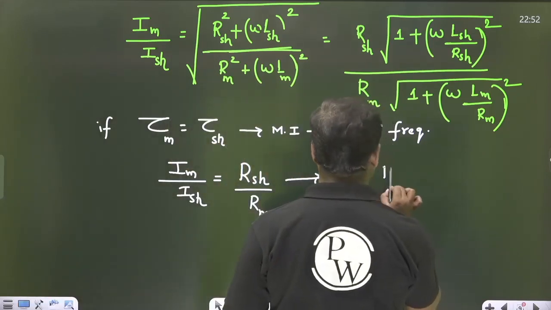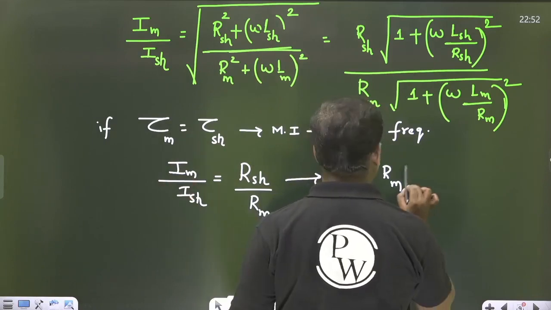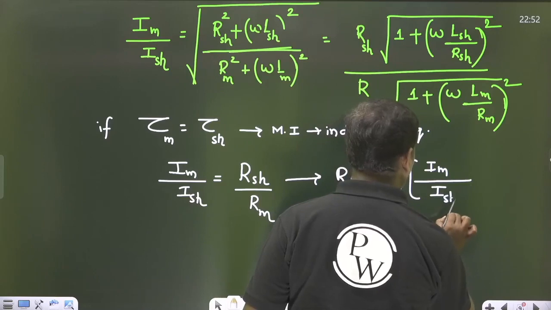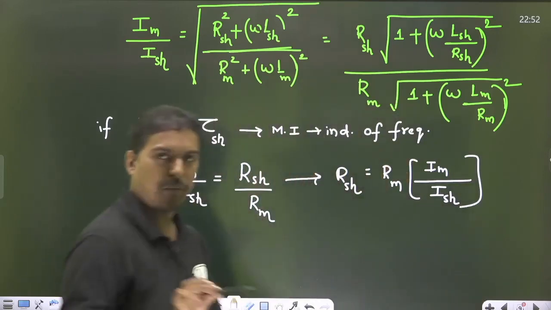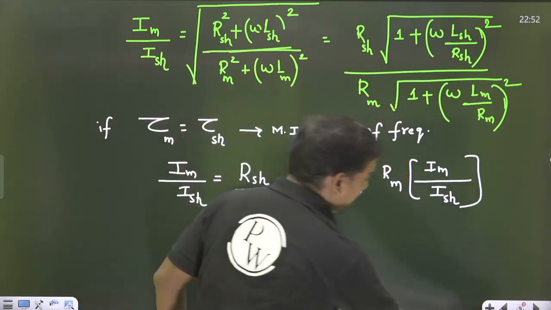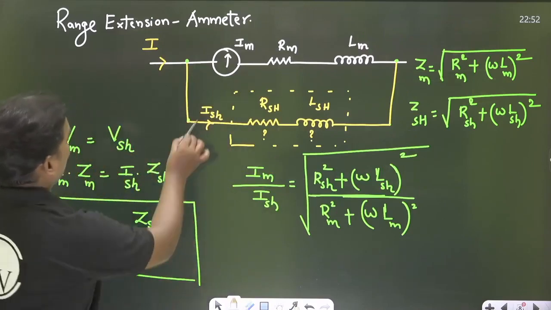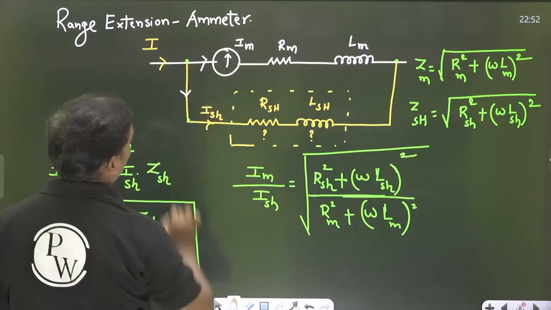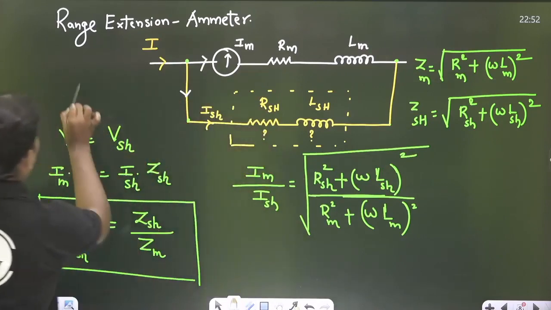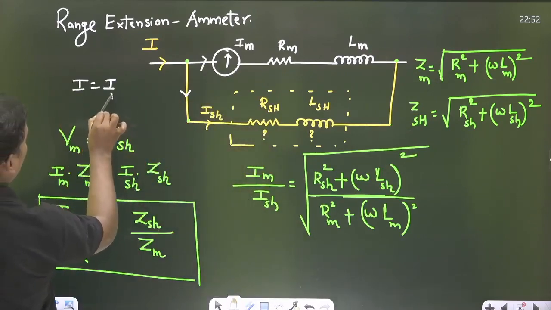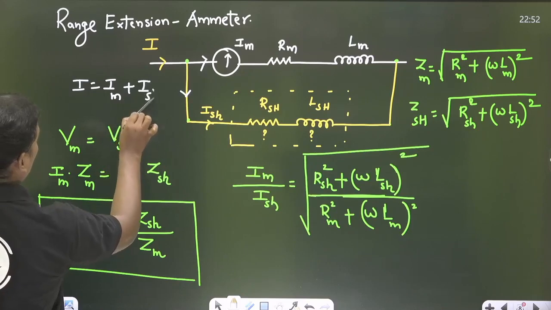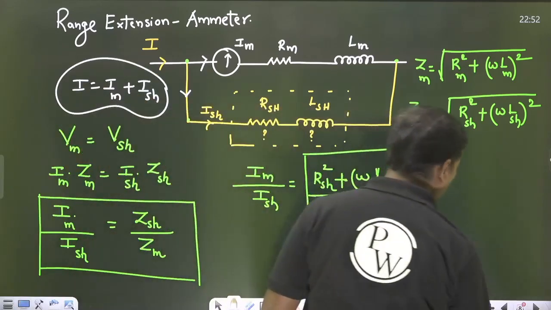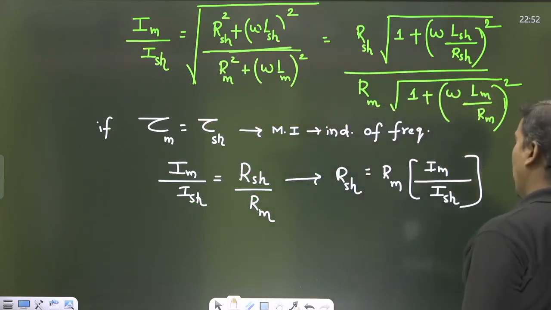RSH is equal to Rm into Im by ISH. This ISH can be taken as I minus Im, because I is only split into two parts. So I is equal to Im plus ISH, and from this we can take ISH is equal to I minus Im.